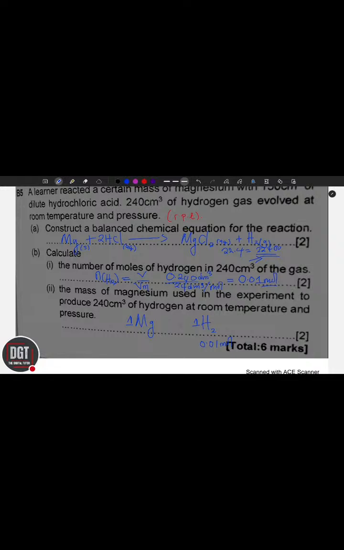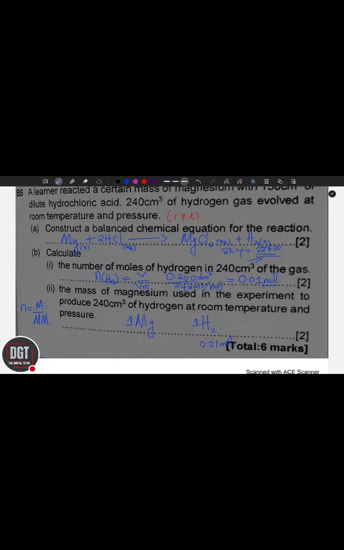Then of course we can use the formula, number of moles is equal to mass over molar mass. Then we can find the mass of magnesium. Up to this point, have you gotten that?